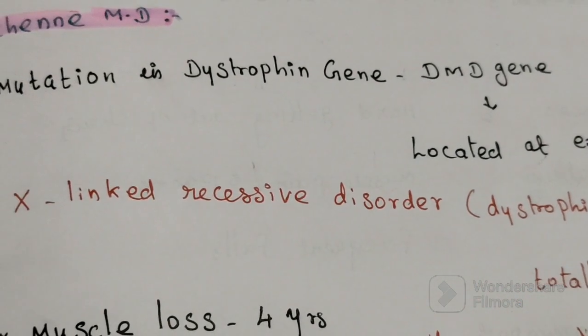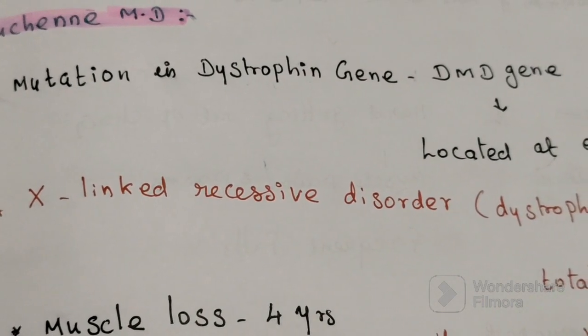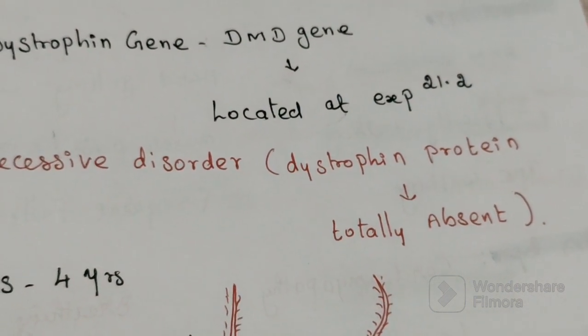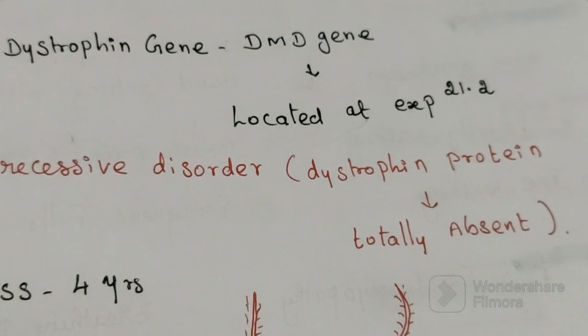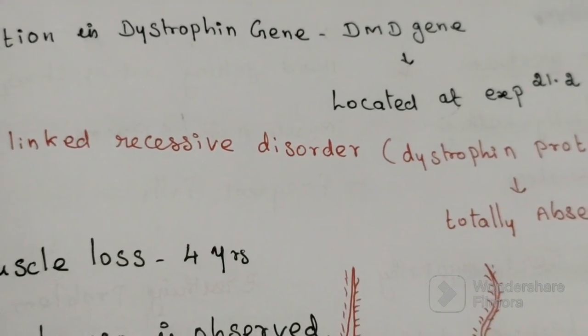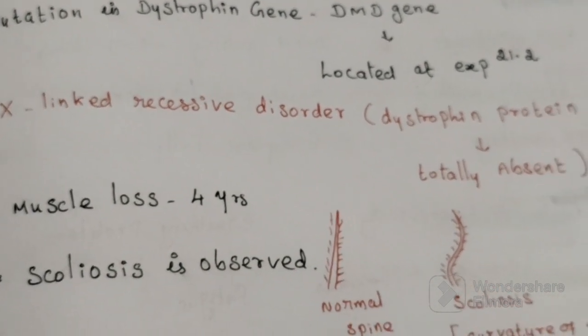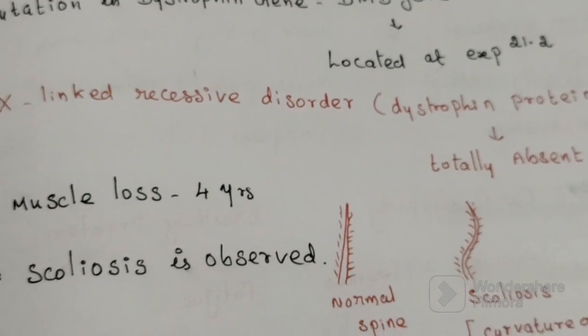This is an X-linked recessive disorder where dystrophin protein is totally absent or in truncated form. In this disorder, there is muscle loss, and mostly scoliosis.